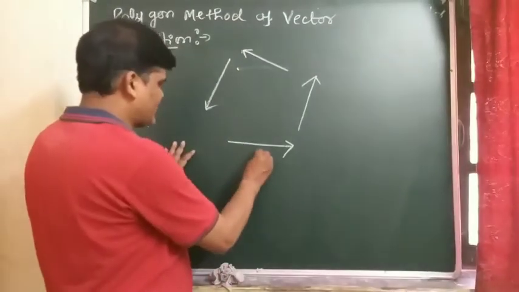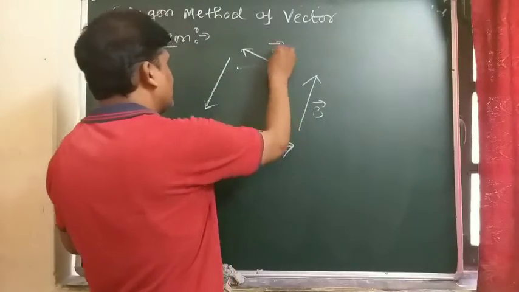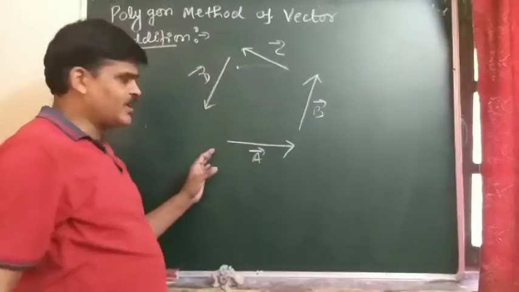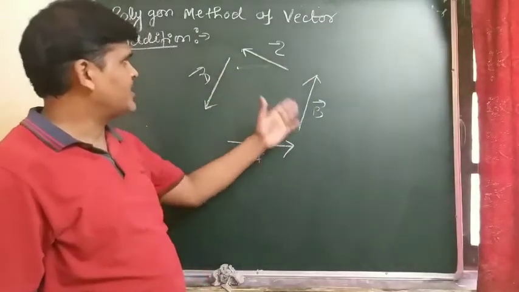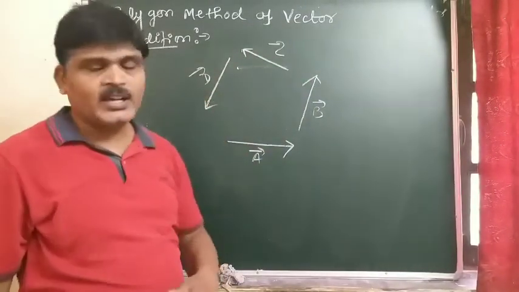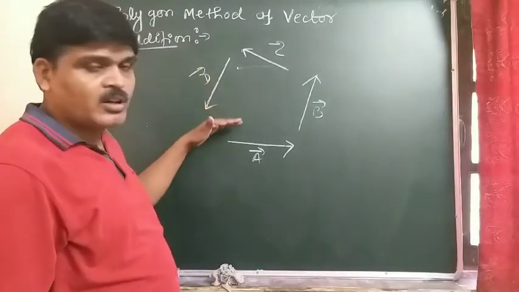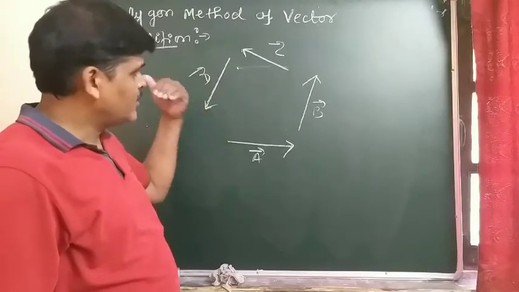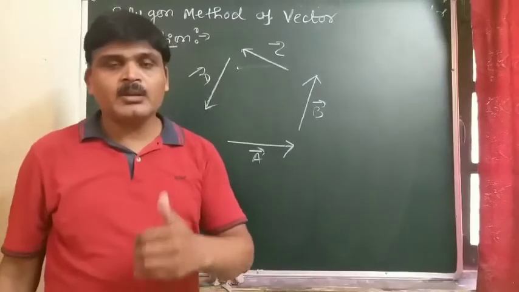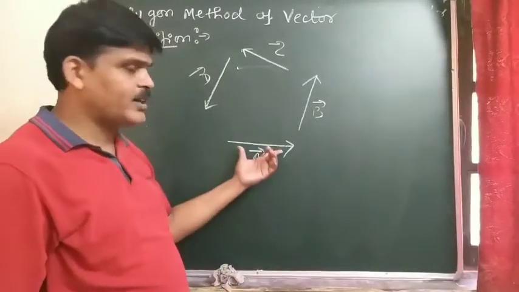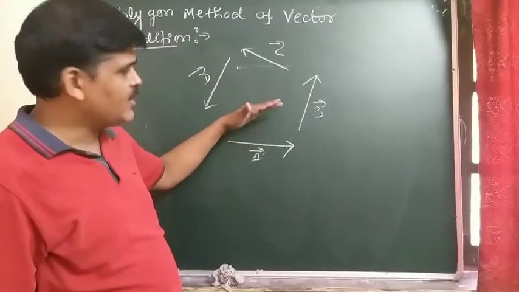Suppose vector A, vector B, vector C and vector D are given, with their magnitude and direction shown, and we have to add them. The method of adding more than two vectors comes into the category of the polygon method of vector addition. First we take two vectors, and the resultant becomes another vector.